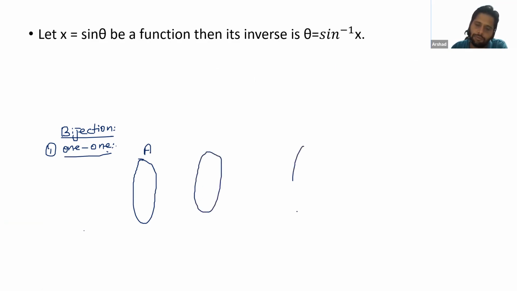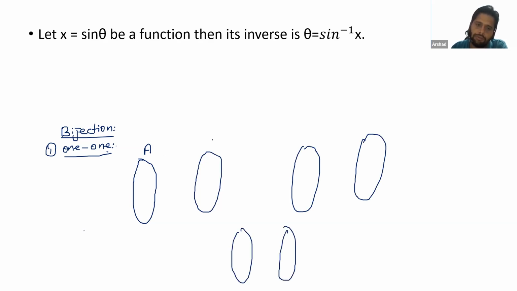This is first, this is second, and this is third. This is A to B, A to B, A to B. So A1, A2, A3, here you have B1, B2, B3.